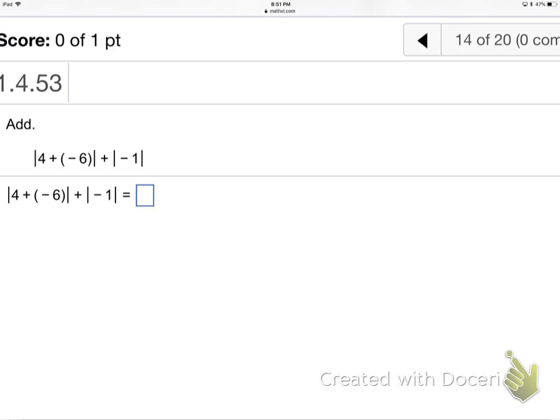All right, so we have absolute value 4 plus negative 6 plus absolute value negative 1. Okay. So, hey, watch me do the problem for a second, and you tell me if I'm doing it right or wrong. What do absolute values do?